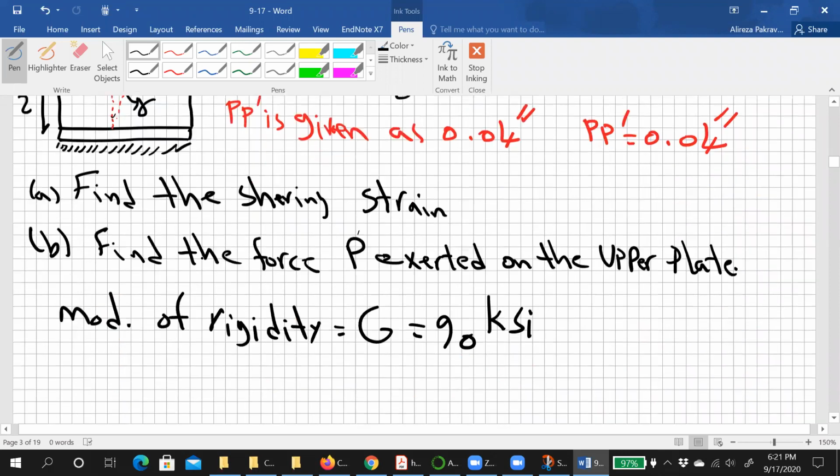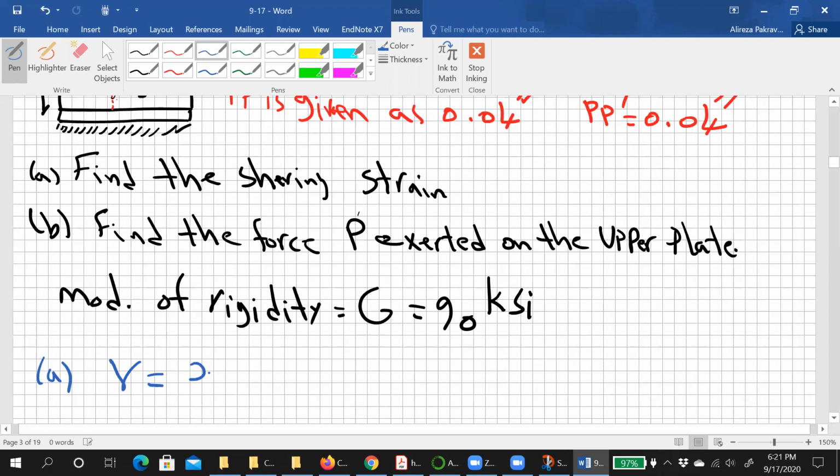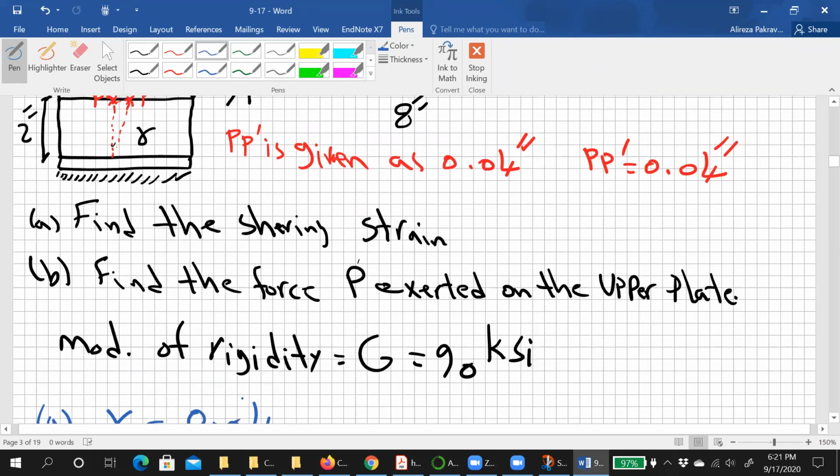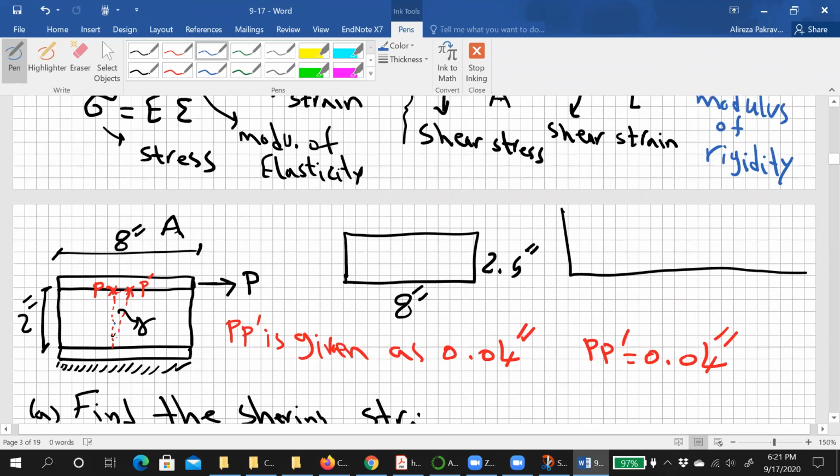So for part A, let's solve part A. Shear strain would be delta, 0.04, divided by, what is L? Is it 8 inches? No, look at this bar. It's 2 inches, right?